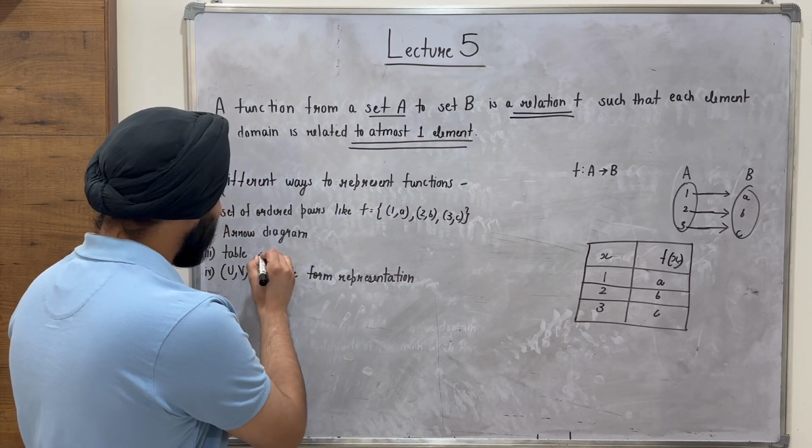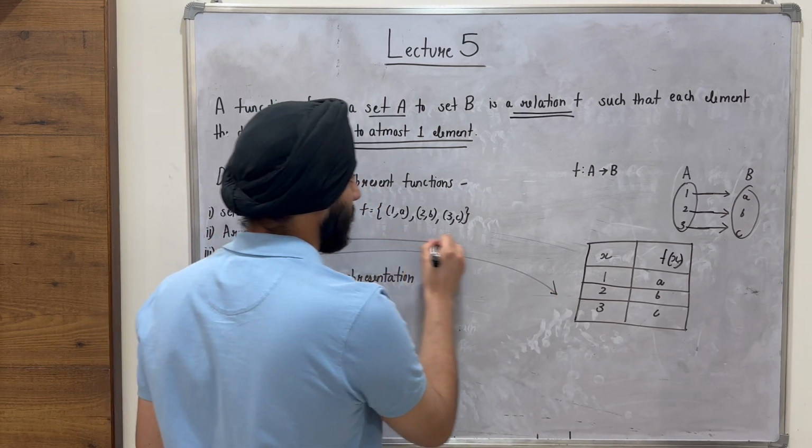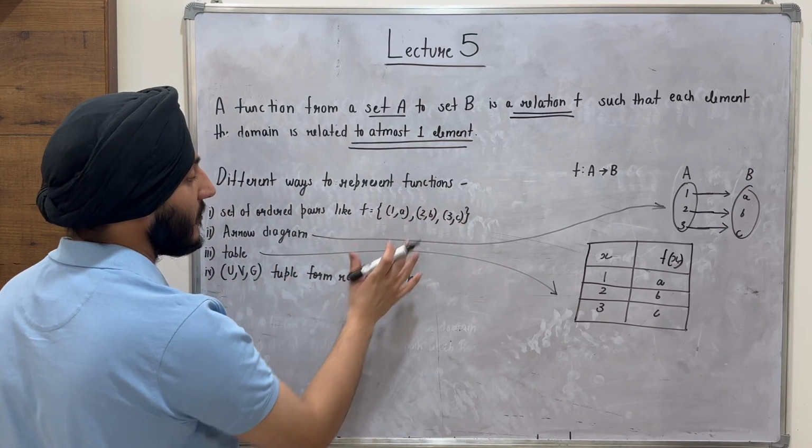So I hope you have a good understanding about what a table is. So this is the table representation. This is the arrow diagram representation, and this is the ordered pair representation.